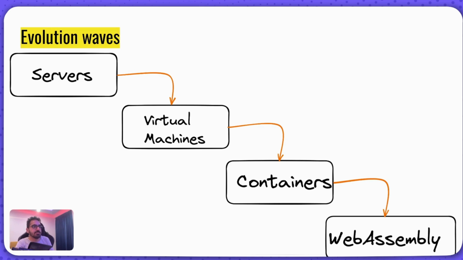The next evolution wave is even smaller, which is WebAssembly. So it is even smaller in size, and it's just the code that has to be executed, which does not have any relation to the host operating system or the environment that it is running on. And if you have to give any access, it has to be given explicitly.